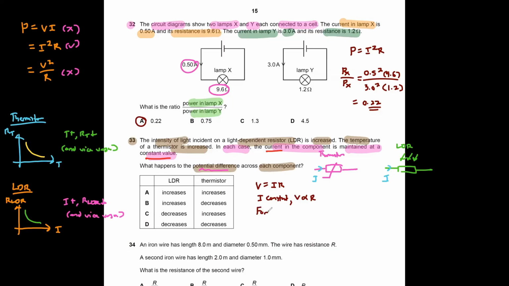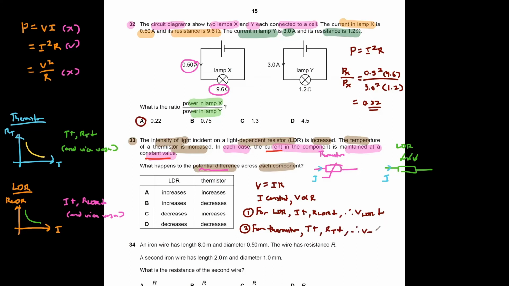So in your case, for the LDR, because your intensity is increased, resistance of the LDR would drop. Therefore, PD across your LDR drops. This is number one. For number two, for the thermistor, they told you your temperature is increased, so the resistance of your thermistor would drop.